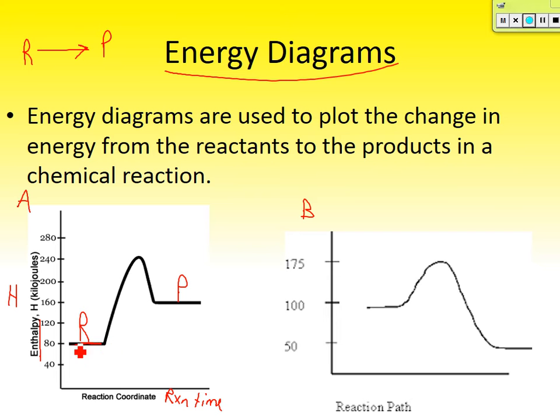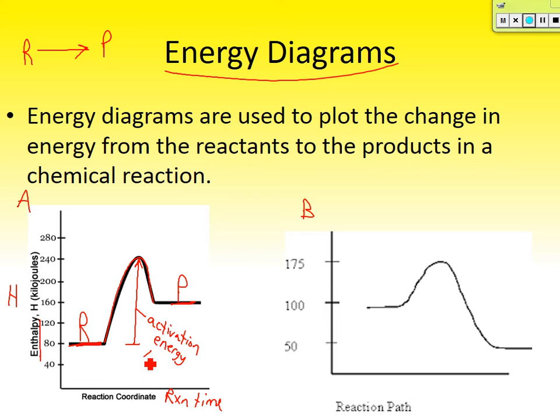So our reactants have this much heat energy. They're at 80 kilojoules. Our products have more than that. But in between, and you're going to see this with every energy diagram, there's this hill that it's got to go over. This hill, the difference from where you start to the top of the hill, is called activation energy.